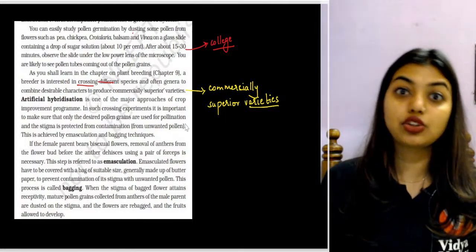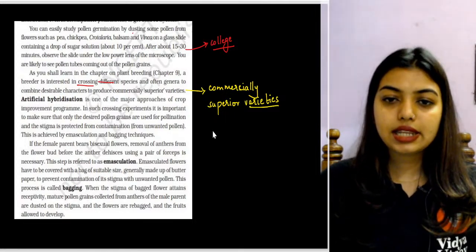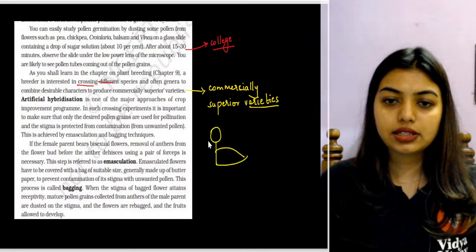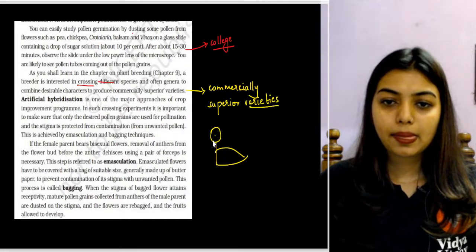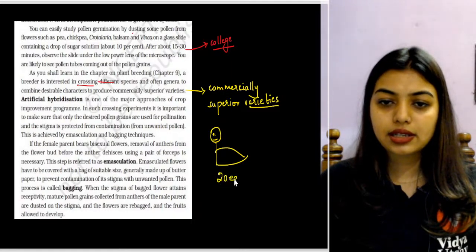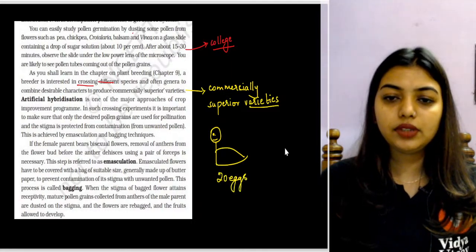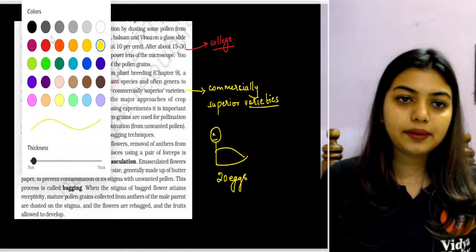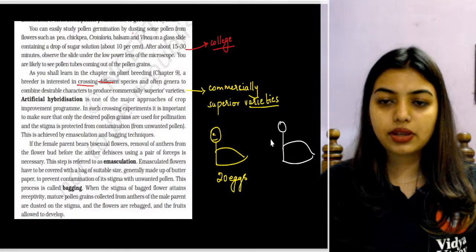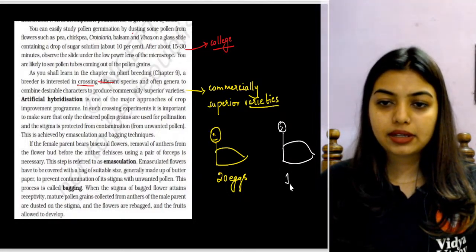So we are going to talk about a similar thing. Let's take, okay, this is a hen. This, let's say, lays around 20 eggs in a month. And this is one more hen which lays 10 eggs.